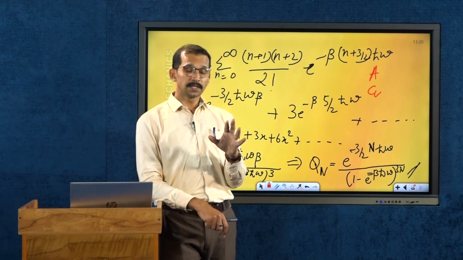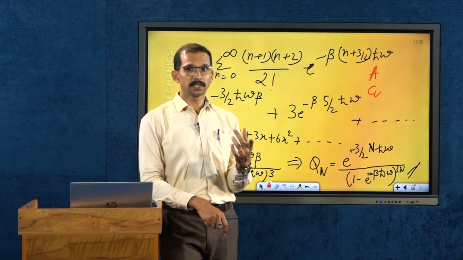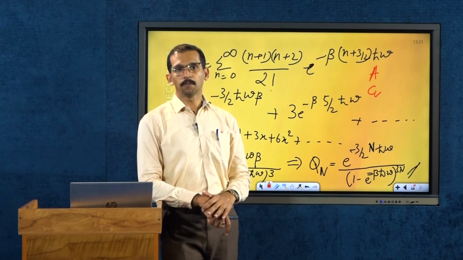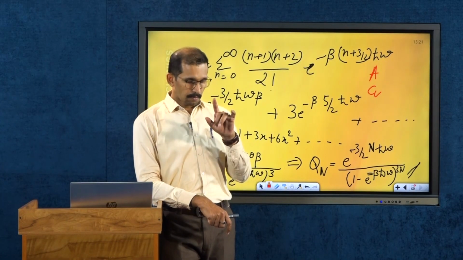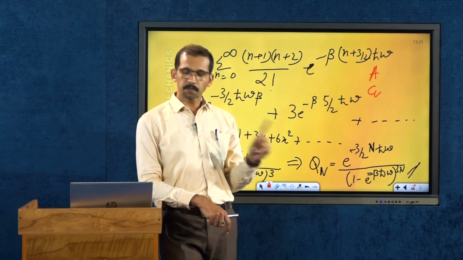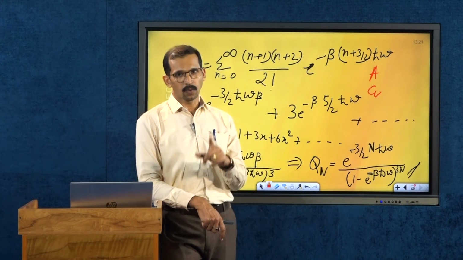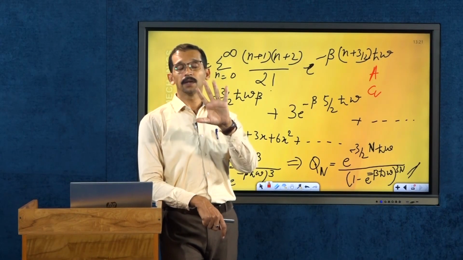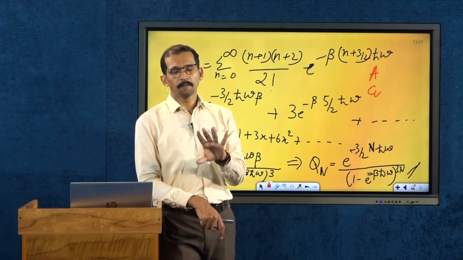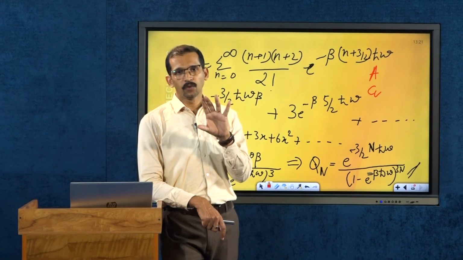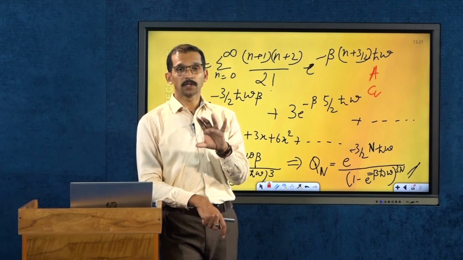Then we calculated the same situation of the harmonic oscillator in a quantum mechanical approach. But now, if we look into those expressions for the classical and for the quantum mechanical in the two-dimensional situation for a harmonic oscillator, the question I want to ask is: do you get the same expression for the partition function?